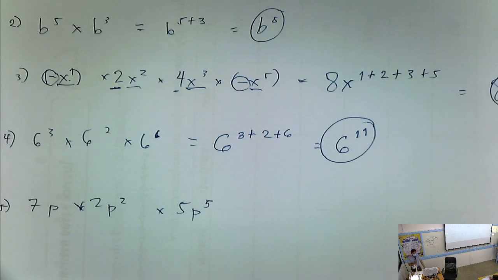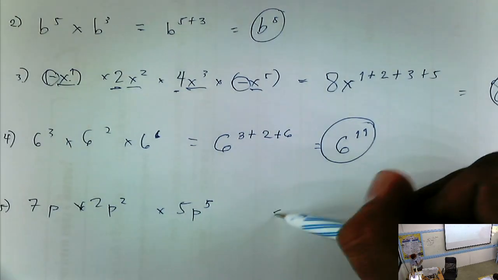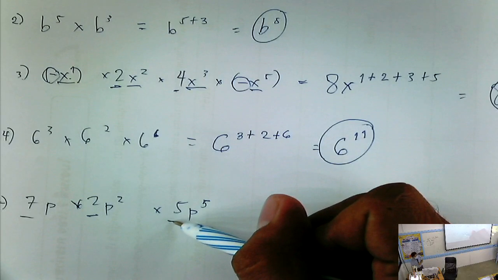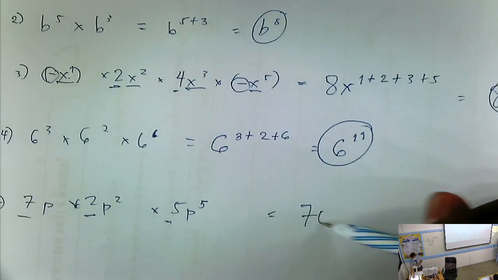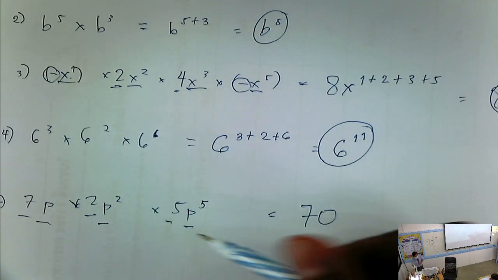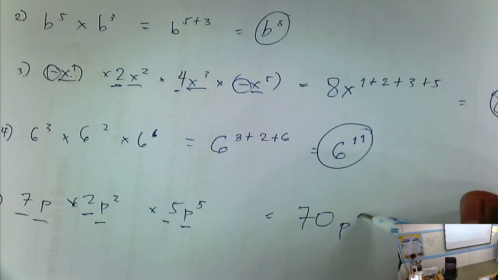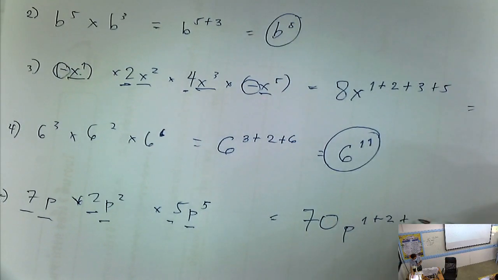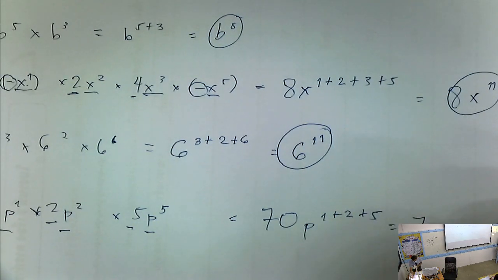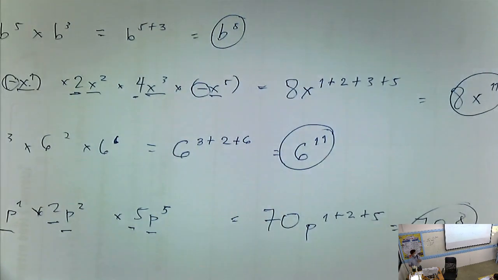Last number, number 5. 7p times 2p to the power of 2 times 5p. Now, 7 times 2 is 14, times 5, 70. Now, p times p to the power of 2 times p to the power of 5 would be p to the power of 1 plus 2 plus 5. Remember, the power of this variable is 1. And so we will have 70p to the power of 8.